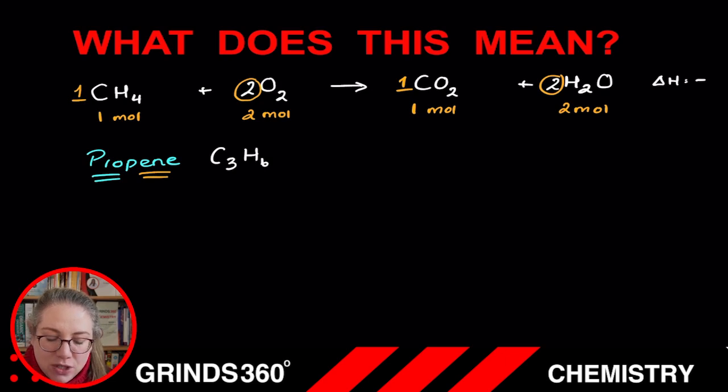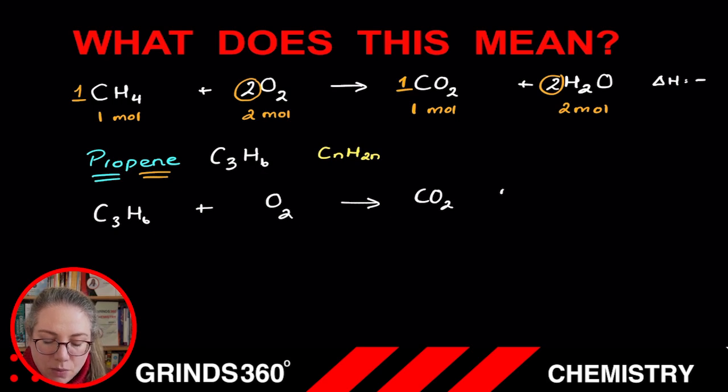Remember, alkenes have the general formula CnH2n, so you have twice as many hydrogens as you do carbons. If I was writing the equation for the combustion of propene, we would have C3H6 plus oxygen to give me carbon dioxide plus water.